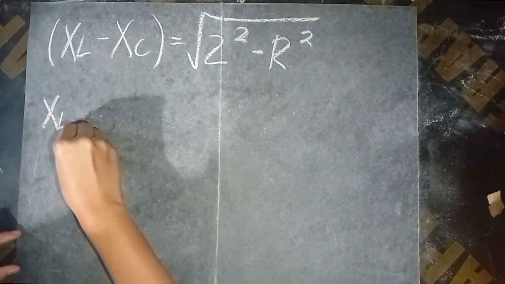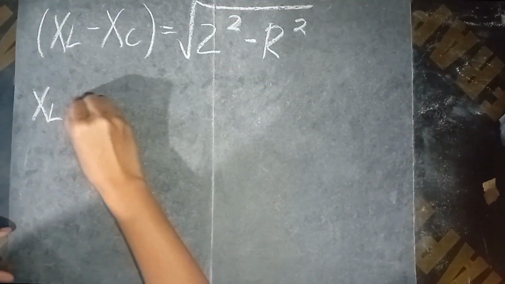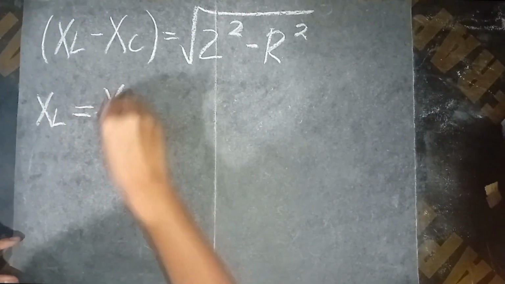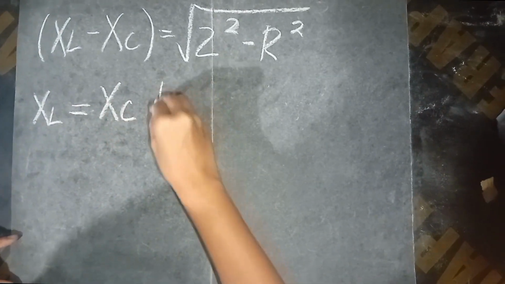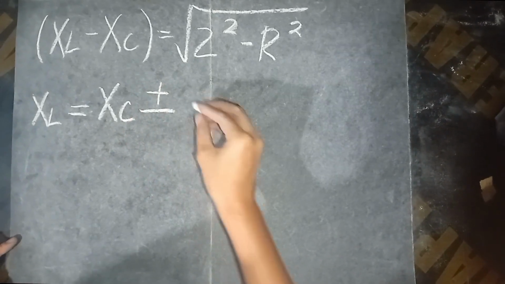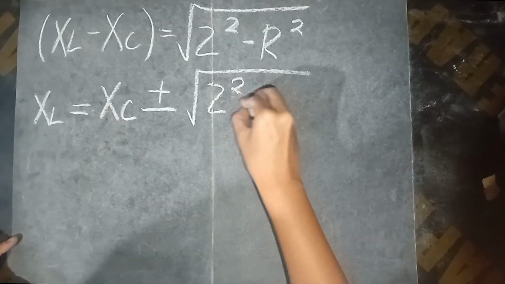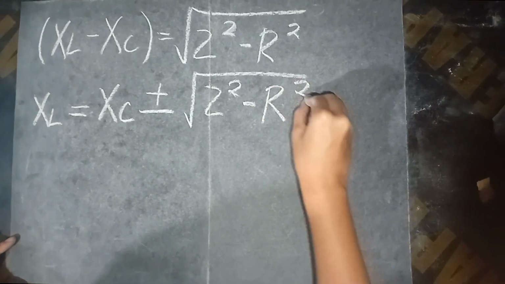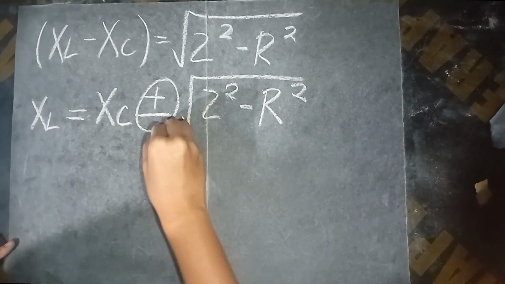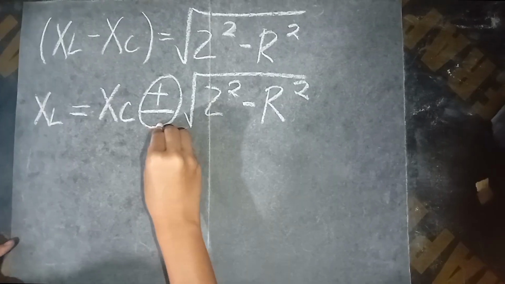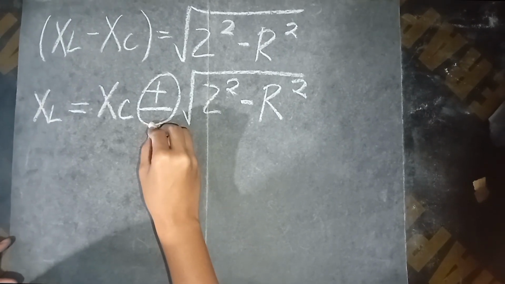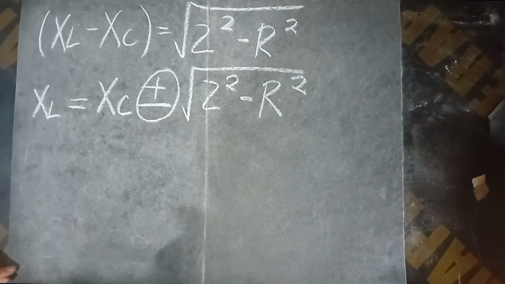If ang atong pangitaon is the inductive reactance, so XL is equals XC, positive or negative sign, square root of Z squared minus R squared. Positive or negative sign siya kay mag-base siya sa given nga direction.